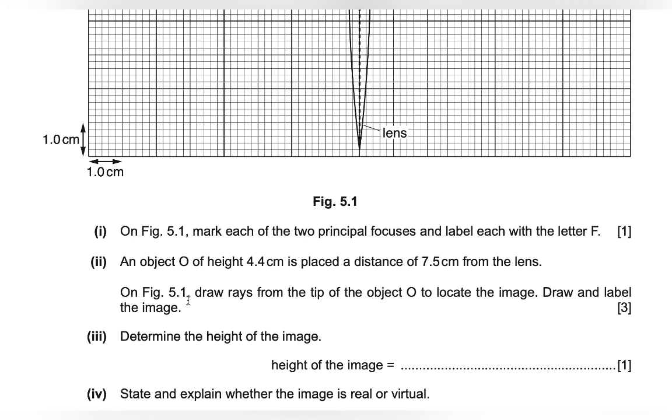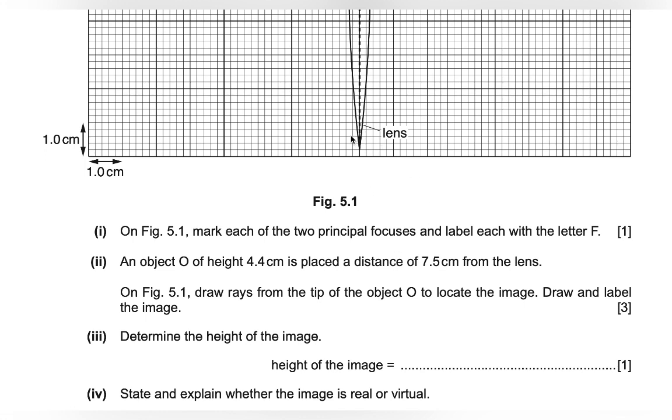Now on figure 5.1, draw the rays from the top of the object to locate the image, and draw and label the image. Then determine the height of the image. After we finish, we can count using 5 tiny boxes to be 1 centimeter, without calculation.